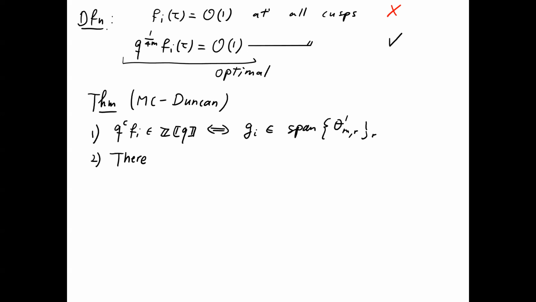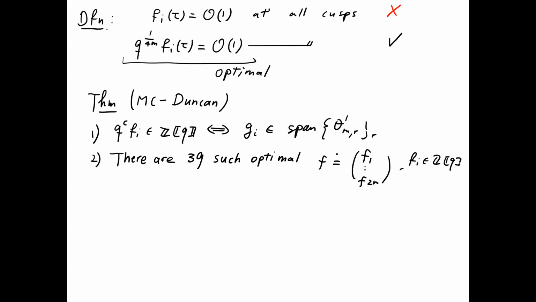And the second is that there are precisely 39 such optimal Mock Jacobi forms, where the same data is specified by its components, and they all have integer coefficients. And this 39 is also very interesting.